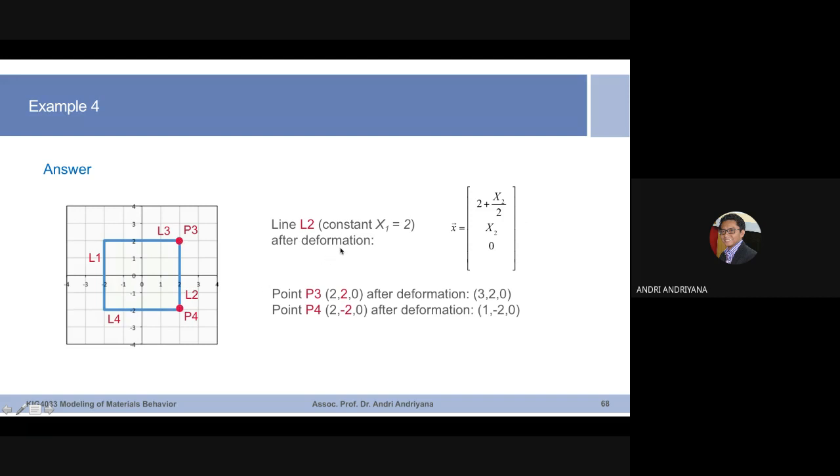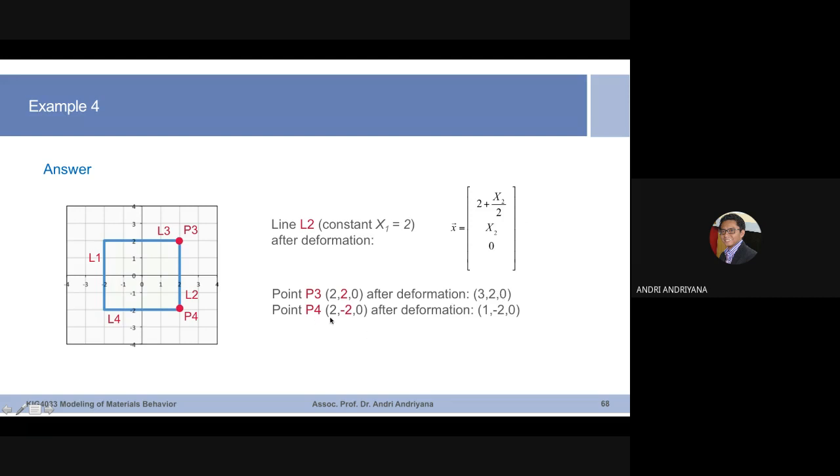Same way. Okay, these are the equations for line 2. Line 2 is x1 equal to 2. So these are the equations. Now, if I look at point P3, this is the coordinate. Again, because now I'm focusing on the x2 of each point, I put it in red. In the first case, it is 2. So after deformation, it becomes this point.